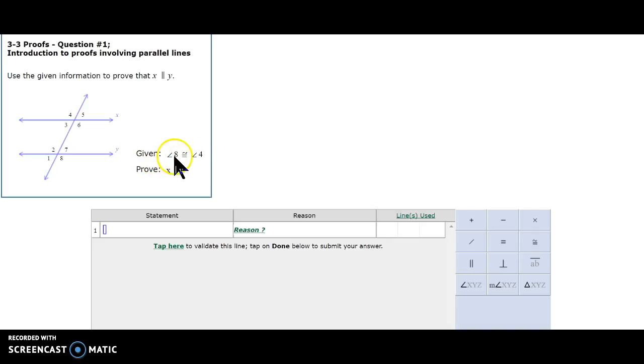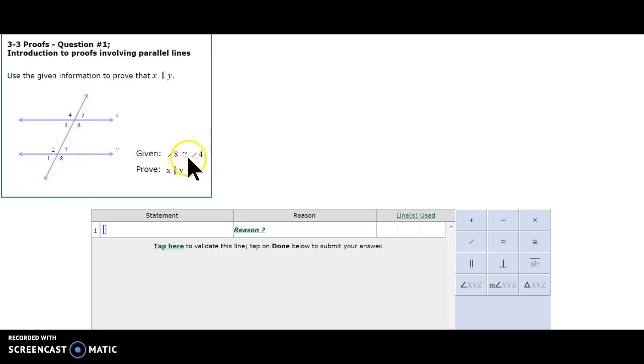So let's look at 8 and 4. 8 is over here, 4 is over there. Let me ask you guys a question. 8 and 4, what's the angle relationship between them? I hope your answer is alternate exterior, right? Alternate exterior. And they told us that angle 8 and angle 4 are congruent.